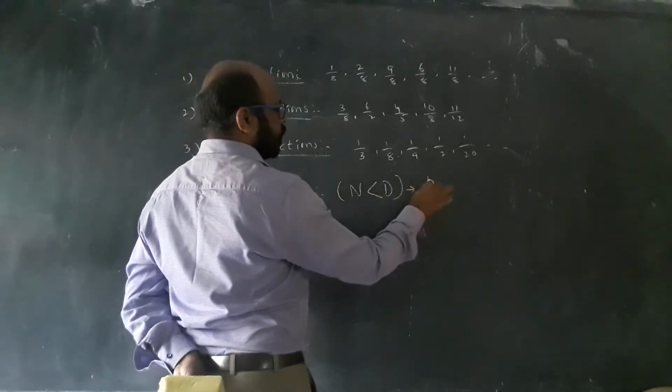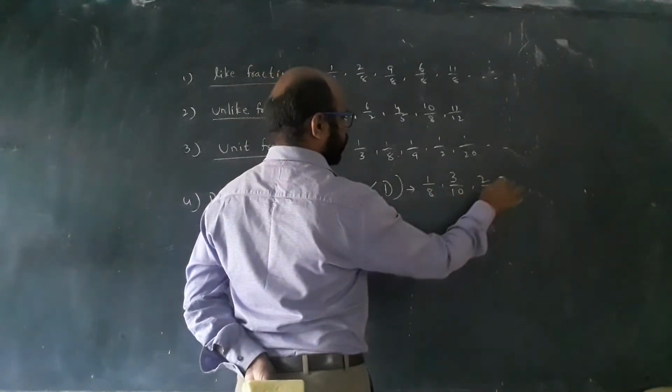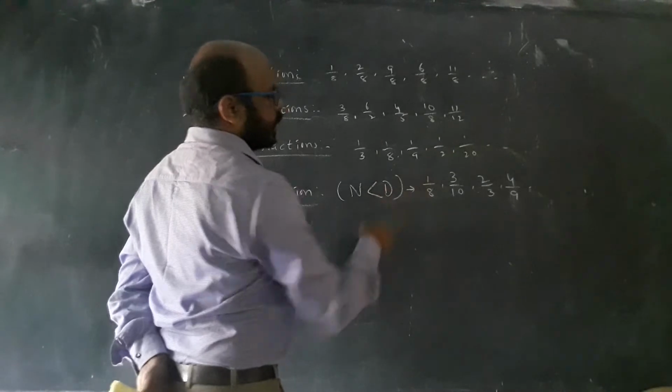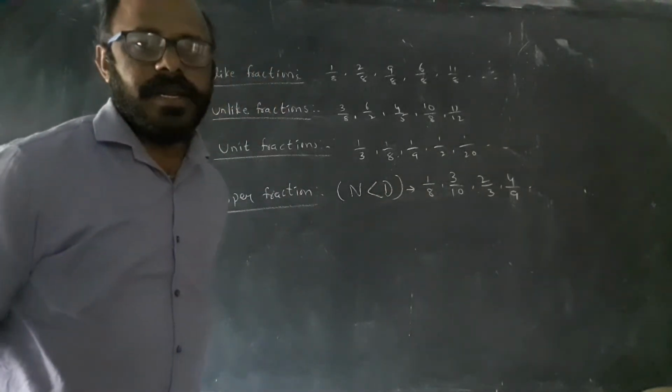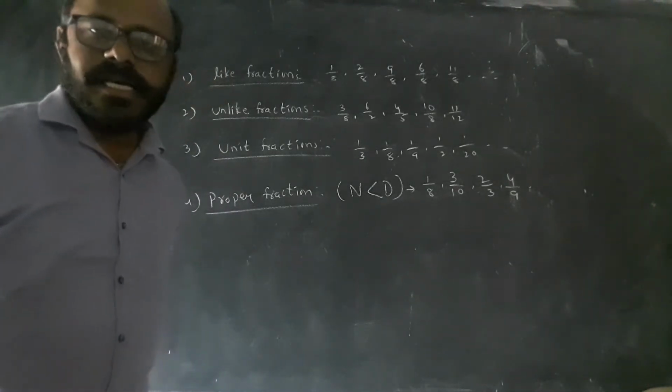For example 1 by 8, 3 by 10, 2 by 3, 4 by 9, like that. Compare the numerator and the denominator: the denominators are bigger than the numerator, and the numerator is compulsorily smaller.